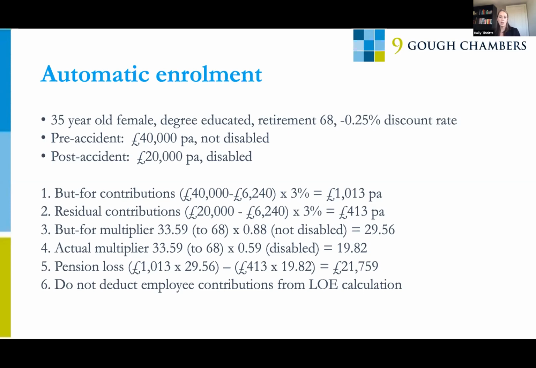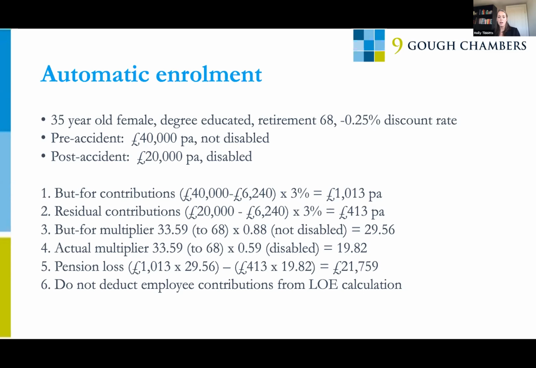You take the earnings, and their gross earnings rather than net earnings, and take off their qualifying earnings and multiply it by 3%. You do exactly the same, but for the residual contributions, so using the actual earnings figures.